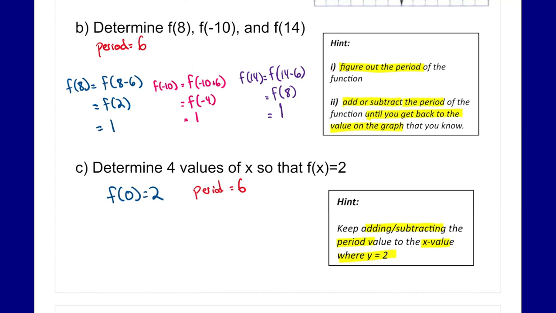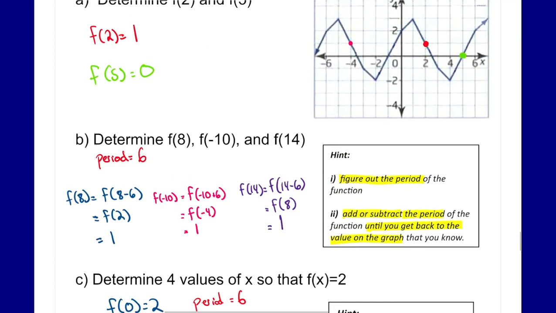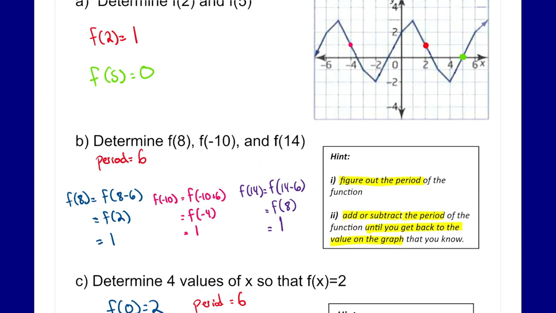So for example, f at 0 plus 6 equals 2, or f at 6 equals 2. Let's take a look at our graph to double check that. If I look at f at 6, we do see that the function is equal to 2 there.